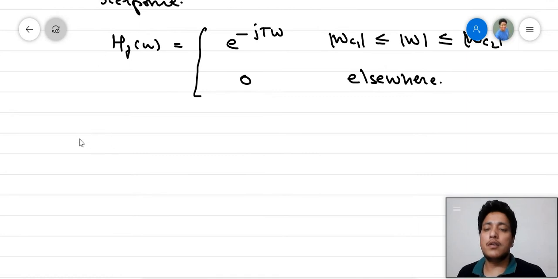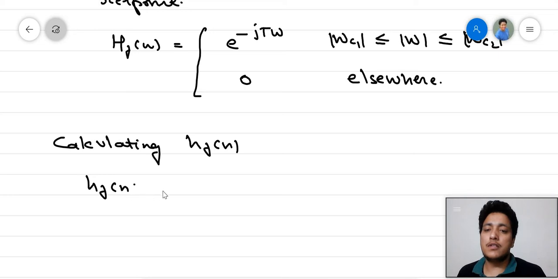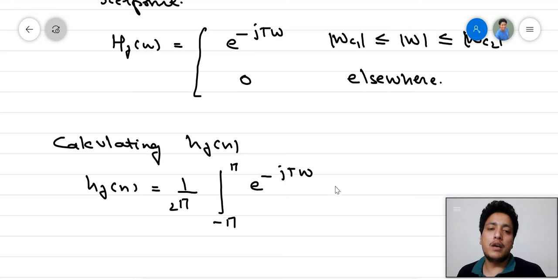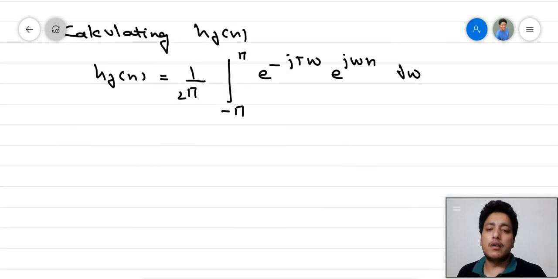Then calculating hd(n): hd(n) equals 1 by 2 pi integral from minus pi to pi of exponential minus j tau omega times exponential j omega n d omega.